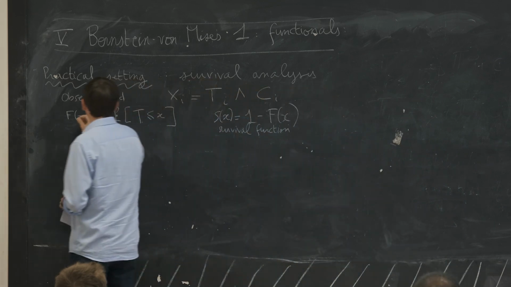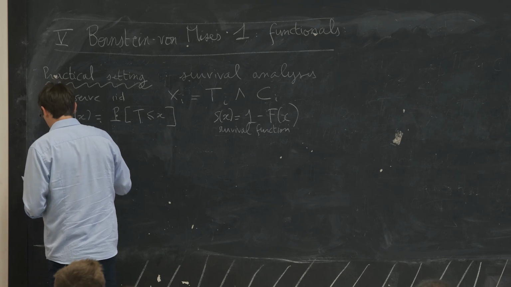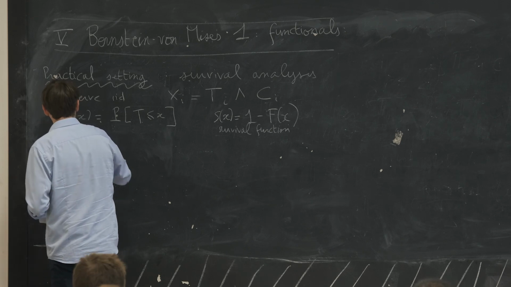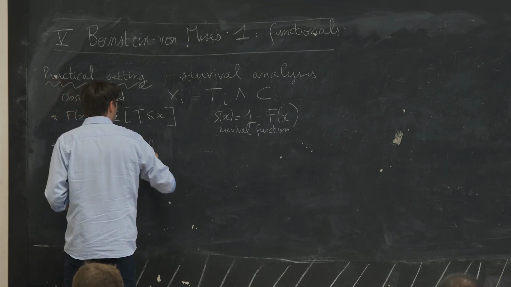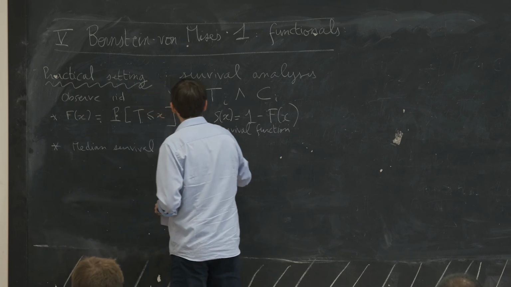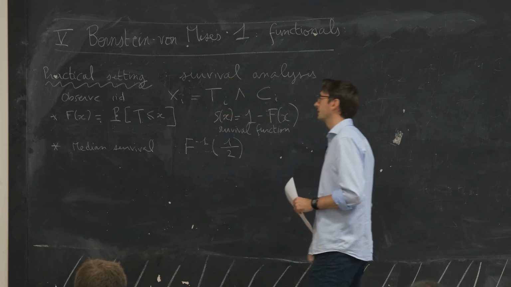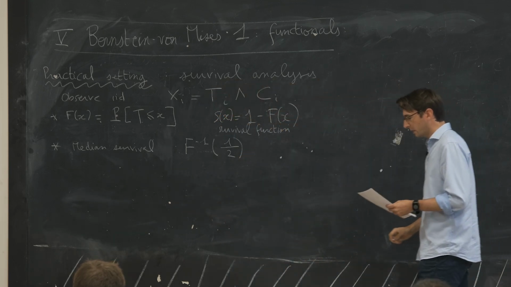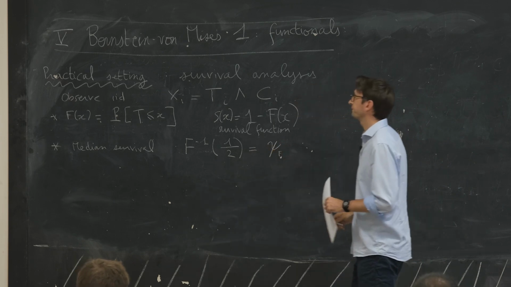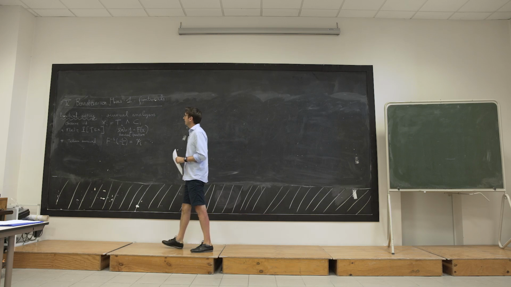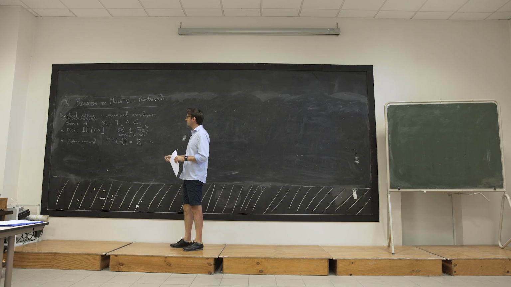Another object you may be interested in, slightly simpler, is the median survival, which is F^{-1}(1/2), the quantile at a half. So that's a certain psi of F, a certain functional.